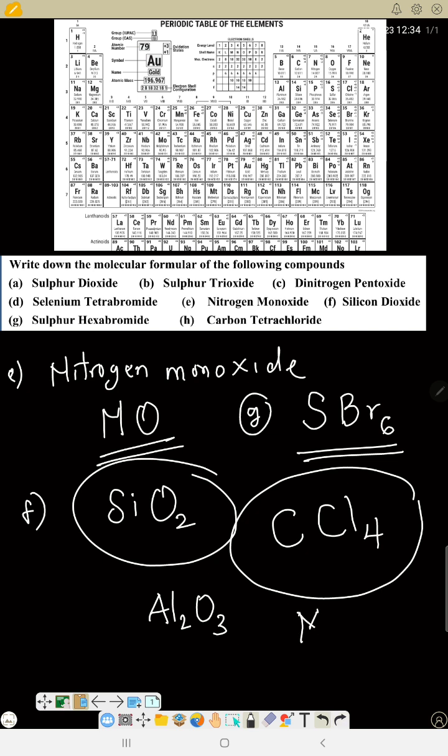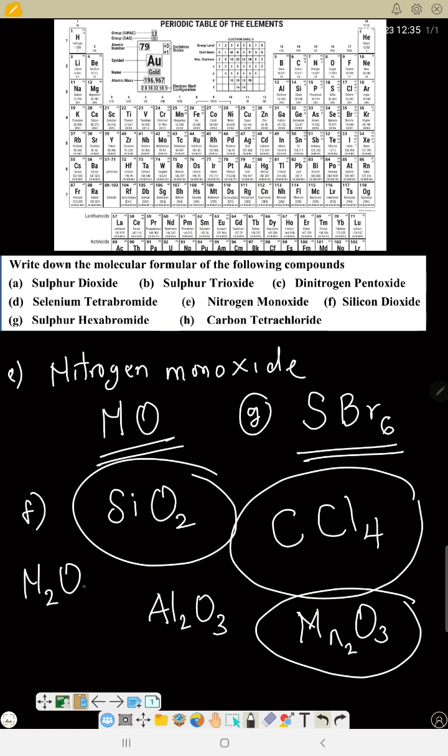But if it is transition metal, Mn2O3, this is manganese(III) oxide, because this is a transition metal, we use Roman numerals. But anytime it involves di, say N2O5, it is non-metal and non-metal, so we use di, tri to say dinitrogen pentaoxide. So those are the 3 ways.